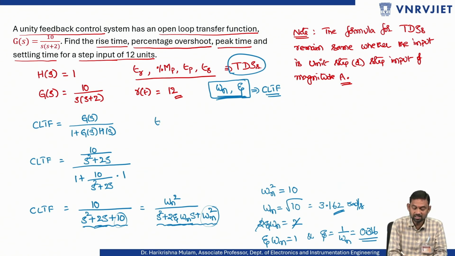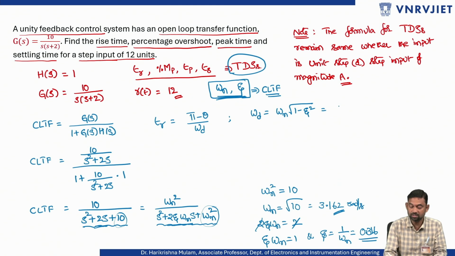The rise time is given by the formula (pi minus theta) by omega d, where omega d is the damped frequency of the system, given by omega n square root of 1 minus zeta square. Therefore, omega d is 3.162 radians per second into square root of 1 minus 0.316 whole square.